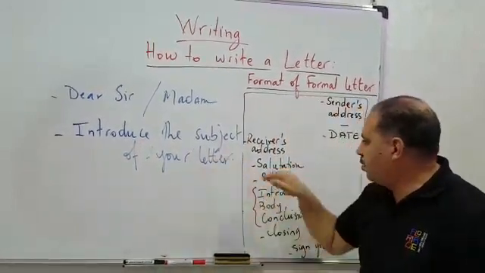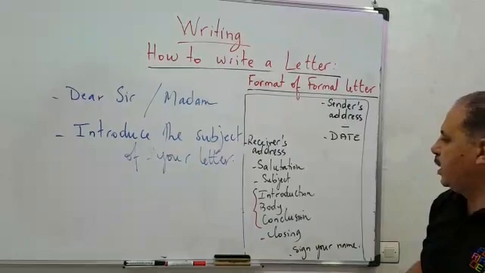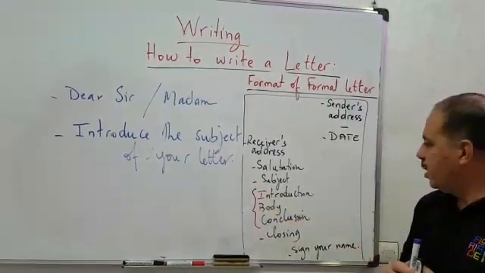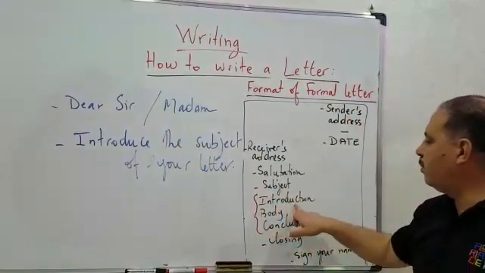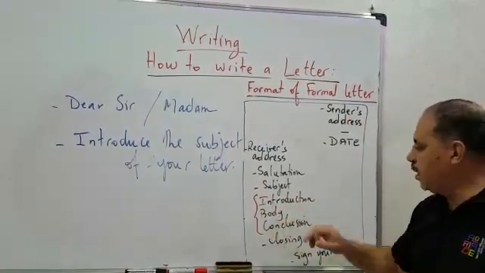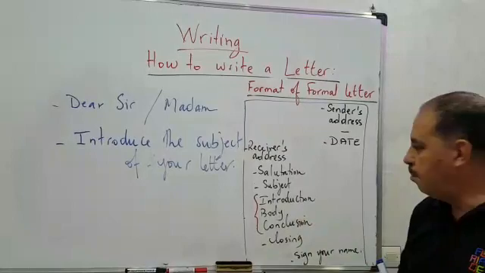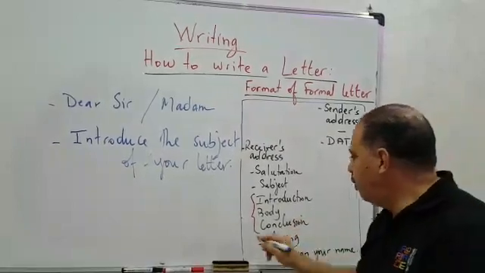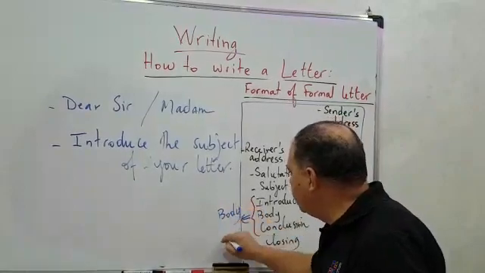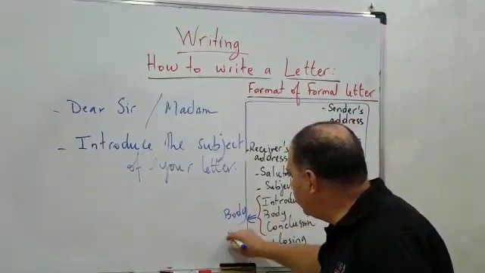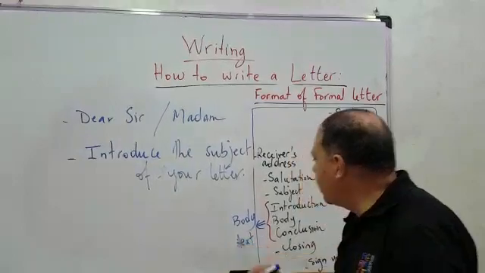Then when you finish the subject, you move to this part, and this part is very important. We have the introduction, the body or development, and then the conclusion. We can call this part the body text.